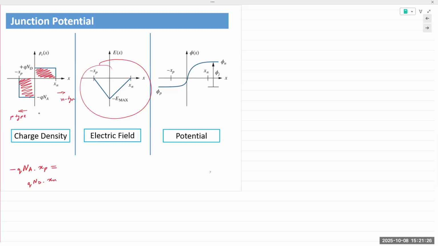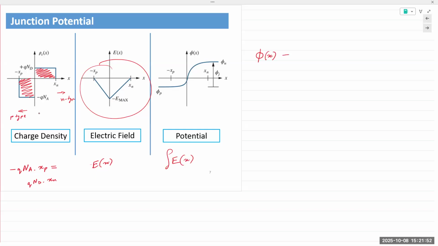So you get E of X here. You integrate E of X to get the voltage or the potential. And this is noted by many different forms. I'm going to stick with the one that our book uses, which is phi, the Greek letter phi, lowercase.